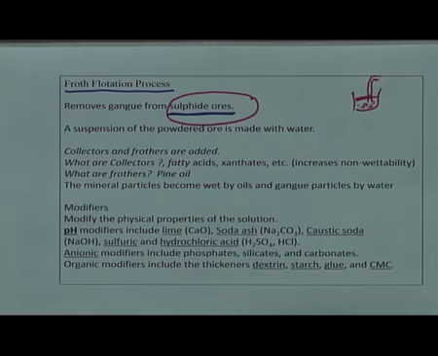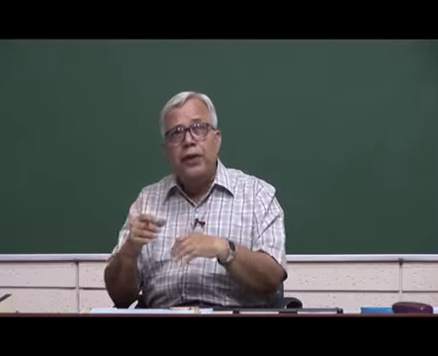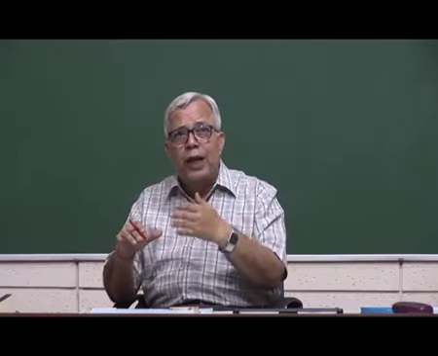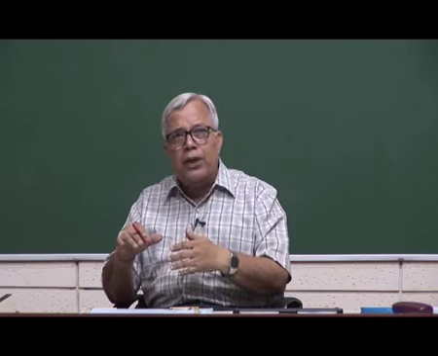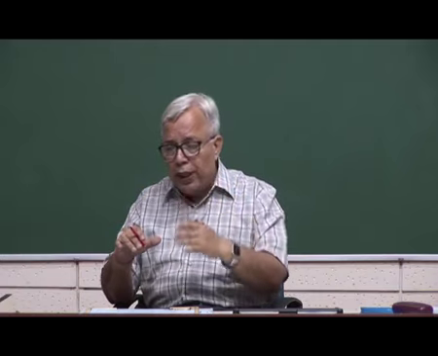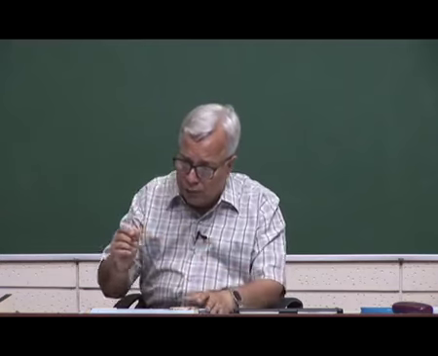Why is this froth formed? Because the surf involves surfactants. It has two kinds of ends, one is hydrophobic, another is hydrophilic. So, basically it feels happy if it is on the surface, so that its hydrophobic end is above the water and its hydrophilic end is inside the water.